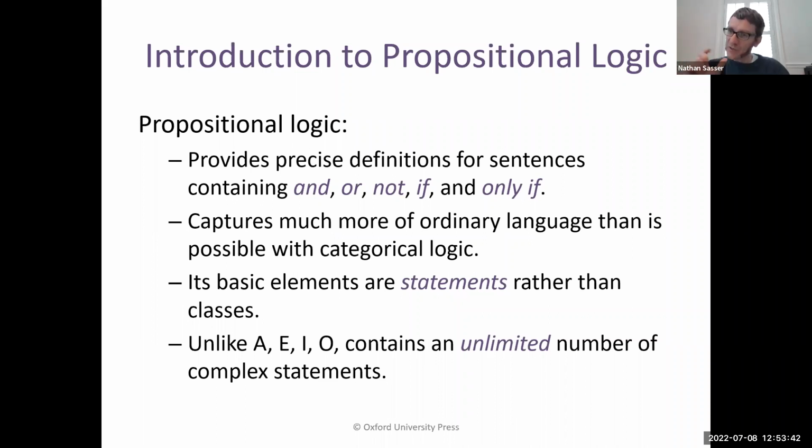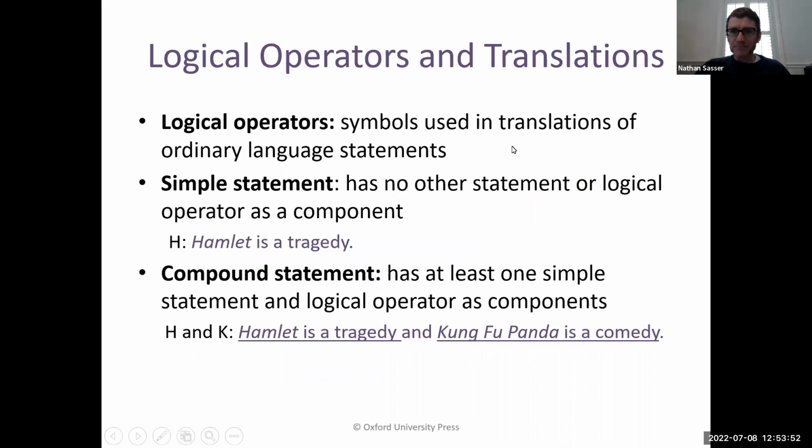We're going to give these very precise logical truth conditions, and that's going to allow us to do a lot of stuff. So let's look for a second at these logical operators. Now, what we're going to do, we're going to use logical operators, and logical operators are the symbols that we use to symbolize these connectives, and, or, not, if, or only if.